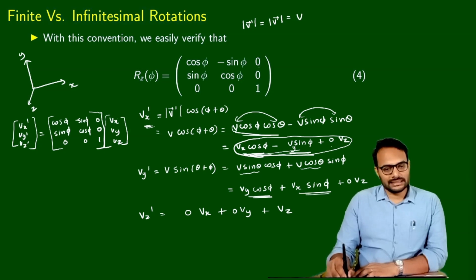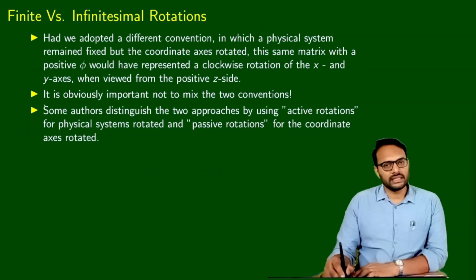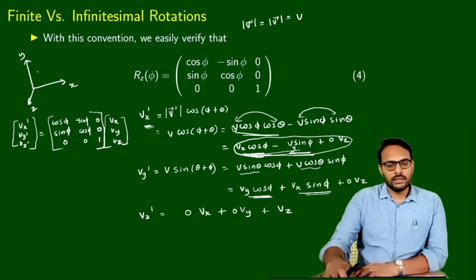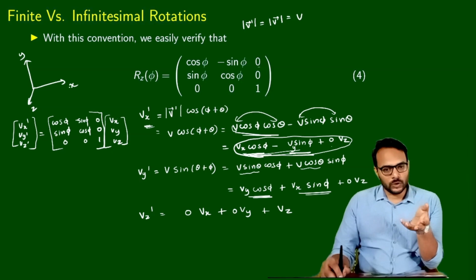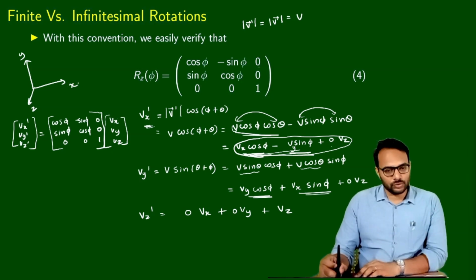This is the axis about which we are making the rotation. Now, if you want a rotation about the x-axis, you just take a cyclic permutation so that it remains a right-handed coordinate system. So we change x to y, y to z, and z to x.